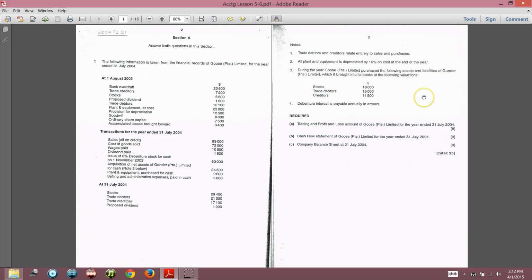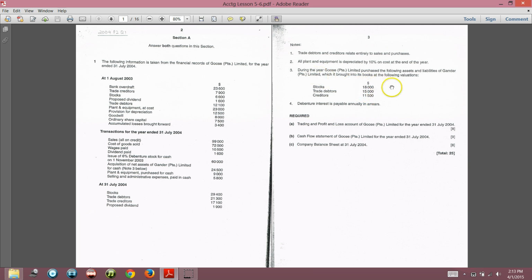Gander Private Limited. Because we are willing to pay more to the previous business owner, because we think that this business, on top of these net assets that we are bringing in, we are also bringing in some intangible asset. That means some things that cannot be seen, like regular customers. So when we bring in this business, this company now belongs to us, the customer will still continue buying from this company, correct?